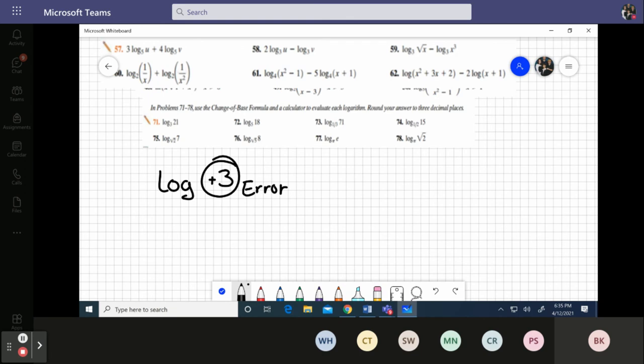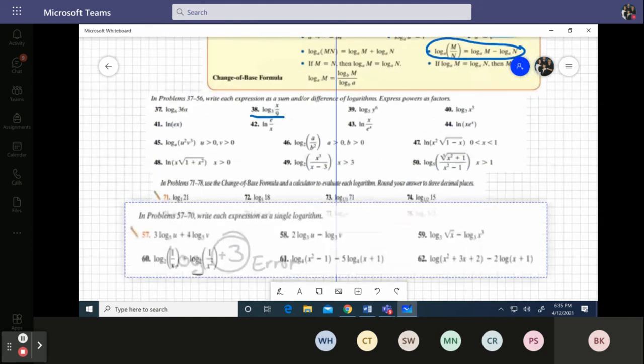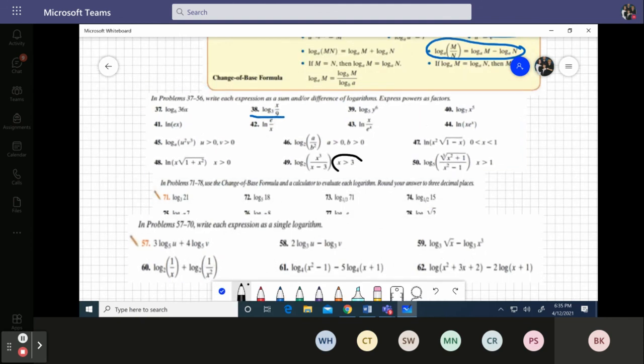That's why when we were looking at which problems were x is greater than 3, because otherwise it would be a negative down there, and you cannot do the log of a negative number. Okay?